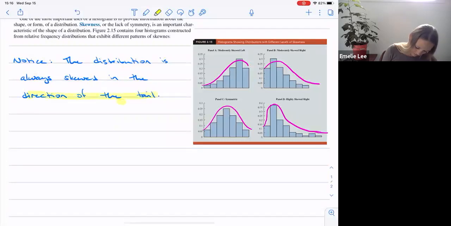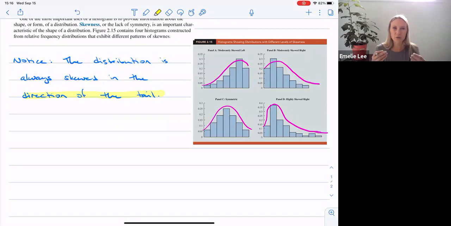Okay. That's important. It throws people off, right? I want to talk about these guys here. No. Talk about the tail, right? So it's always skewed in the direction of the tail.